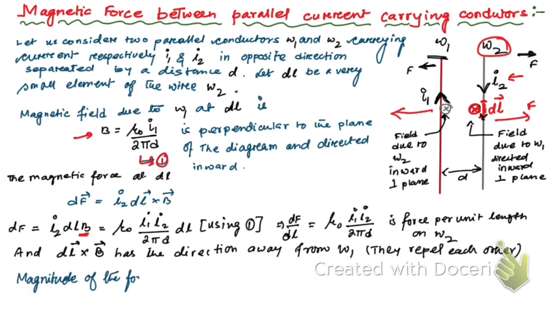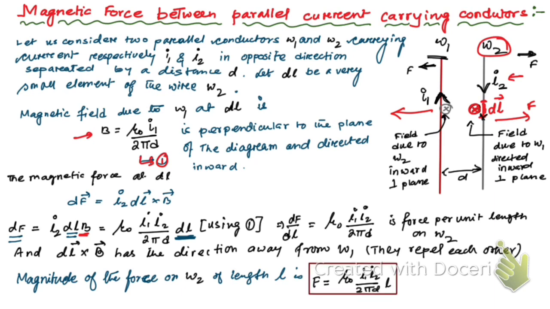So the magnitude of the force on W2, let us consider the length of the wire to be L. Here you see, for dl we have got a force dF for the length dl, right? So what will be the force if the length is L? Then the force will be given by F is equal to mu naught I1 I2 by 2 pi d into L, right?